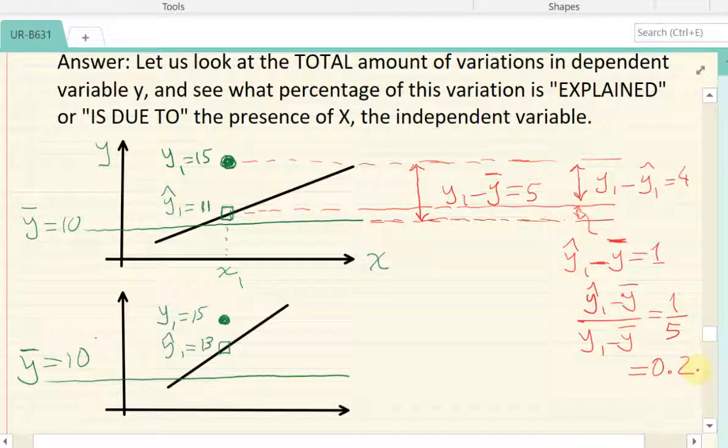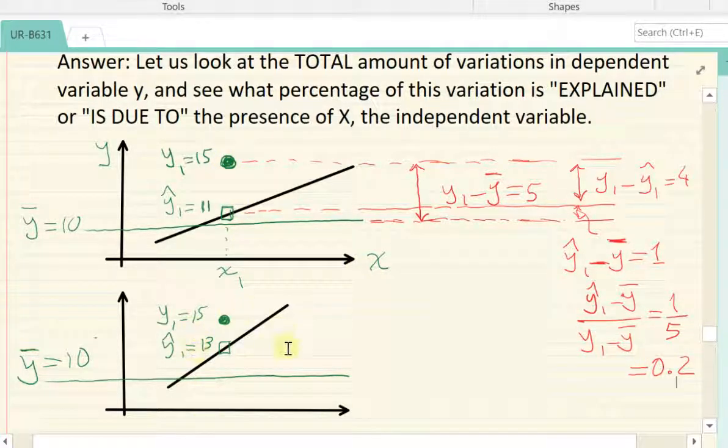Remember, the regression model I have here is not as good a fit as this one is. So the ratio of the distance from the predicted value to the average, divided by the total deviation from observed to the average, is 0.2.